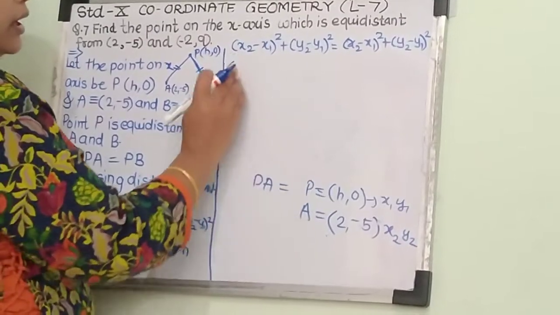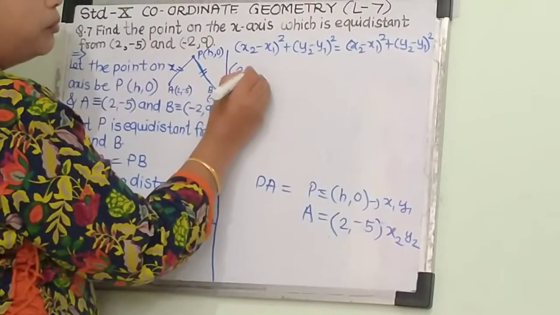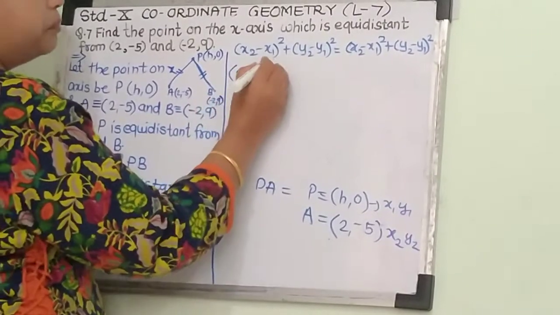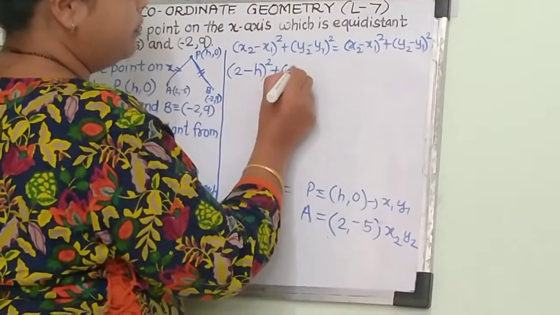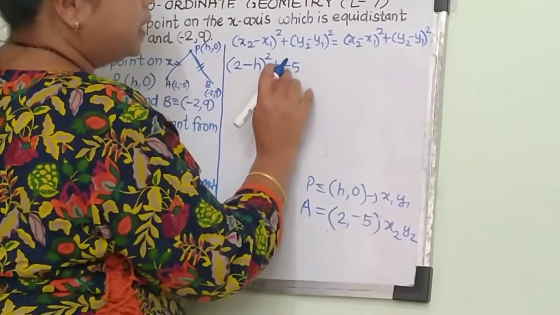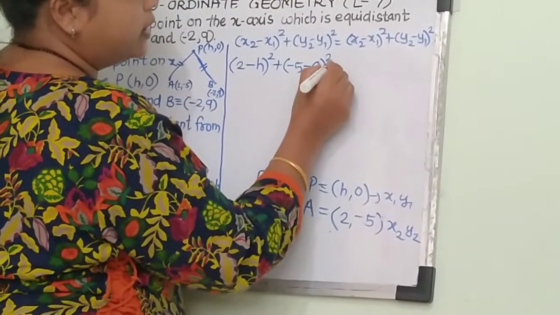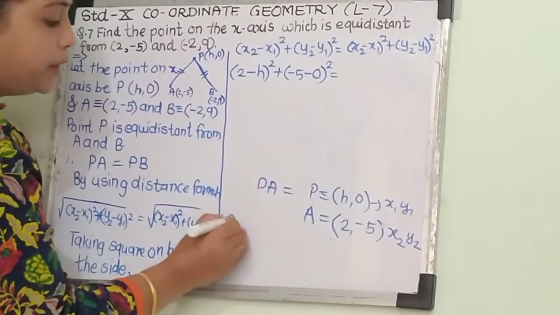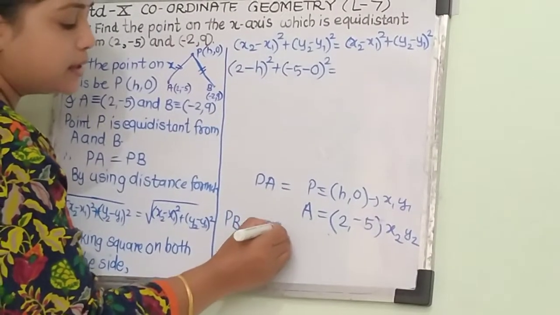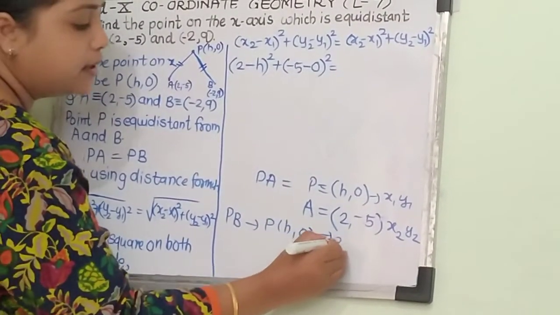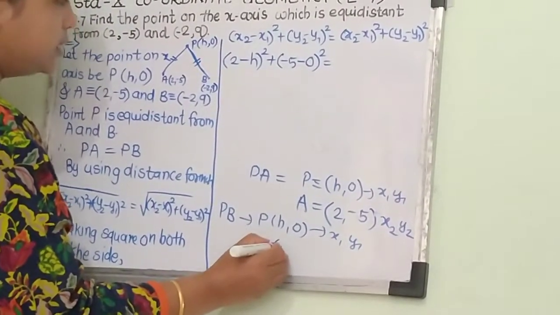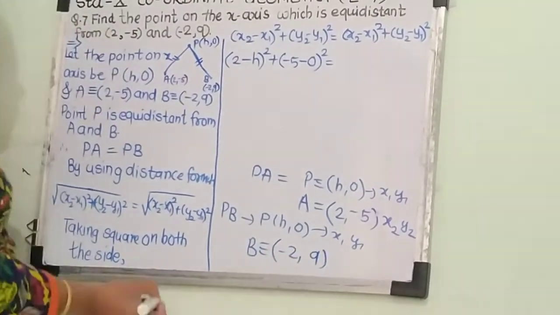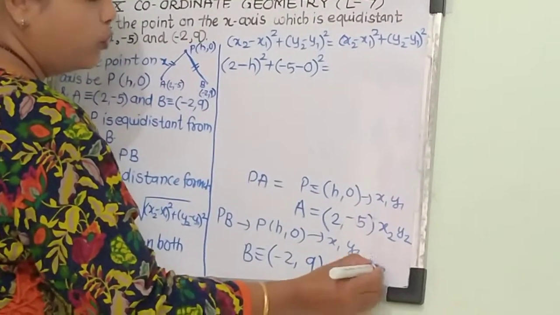So for PA, x2 is 2 minus x1 will be h bracket square plus y2 that is minus 5 minus 0 bracket square. Similarly for PB, P's coordinates remain same h comma 0 that is x1 y1 and B's coordinate that is given minus 2 comma 9. So here the B's coordinates are x2 y2.